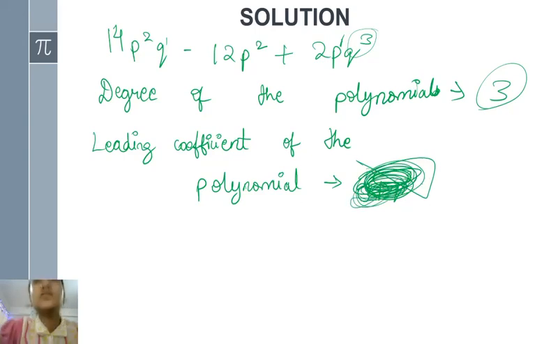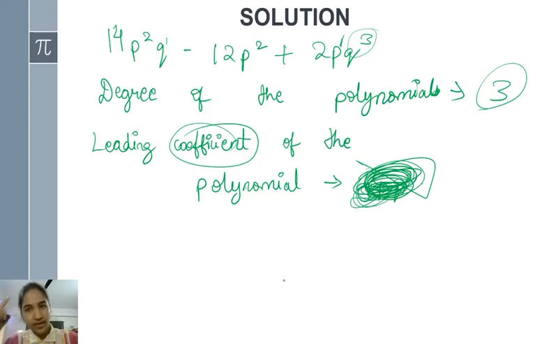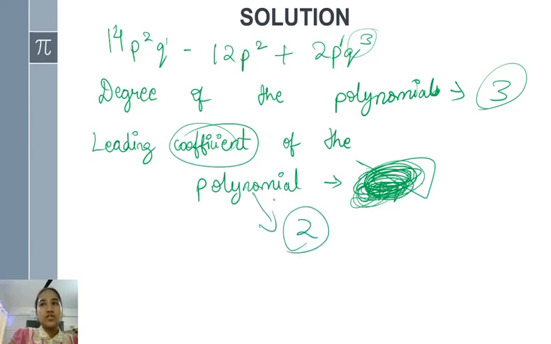But remember, I'm not talking about the leading term over here, the term, right? Only the coefficient. So the coefficient of this would be 2. The leading coefficient is 2 because 2 is the coefficient of this term.